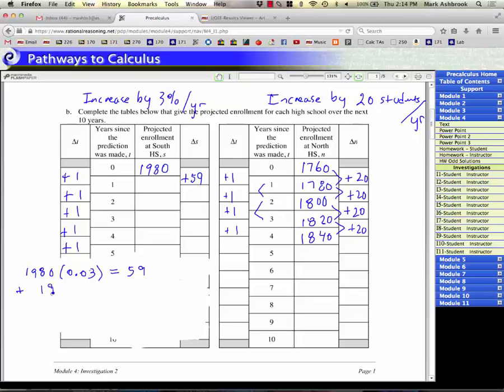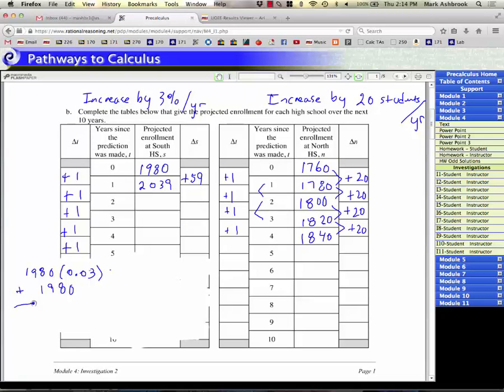You add it to 1980. So you're going to take 3% of 1980 and add it to 1980 to get the new enrollment. And what is that? 2039.